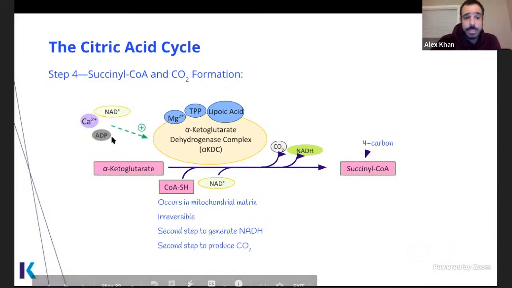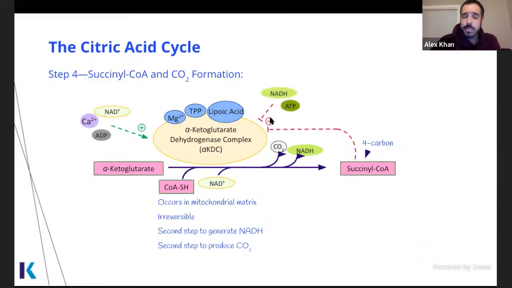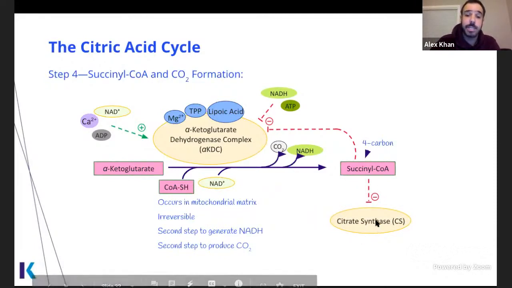All right, and once again, the usual suspects stimulate and the usual suspects have an inhibitory effect on this complex. We had mentioned before, if you remember in the first step when we created our citrate, that succinyl-CoA has an inhibitory effect. This is simply demonstrated here on the slide for a second time.